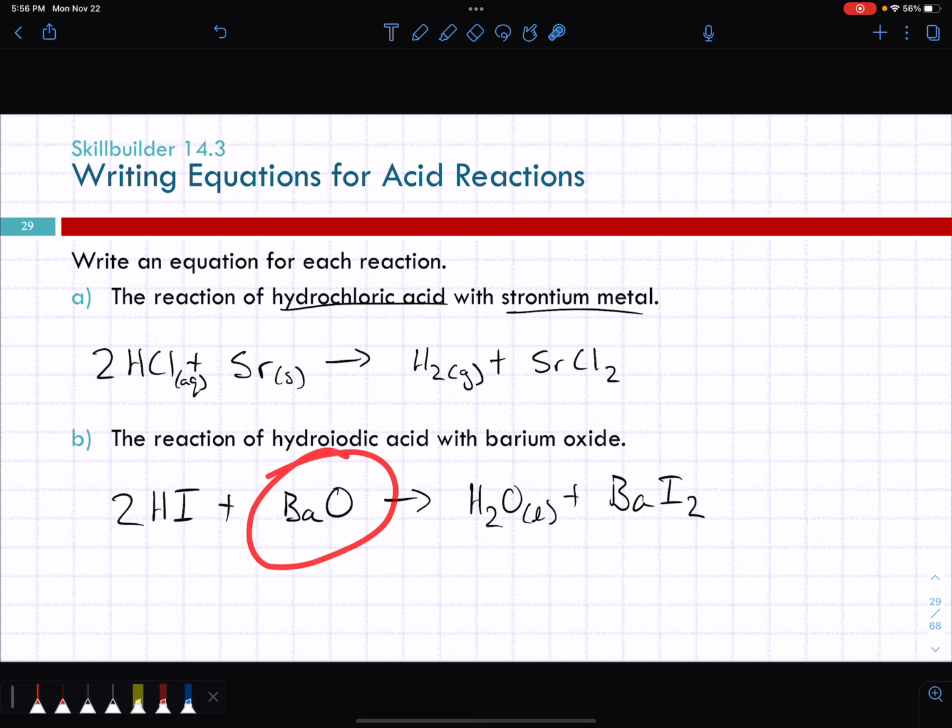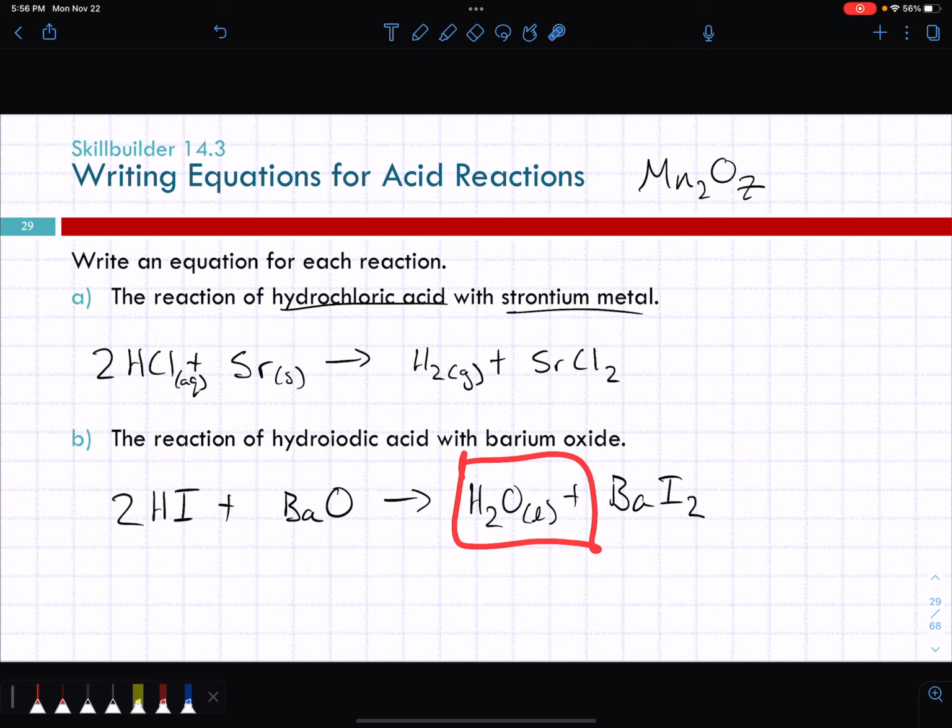If I give you some metal oxide, it doesn't have to be just one barium, one oxygen, or well, I guess in this case it does. It could be magnesium or manganese. I could give you Mn2O7, and then ultimately you just have to balance it because you're going to get water and a salt.